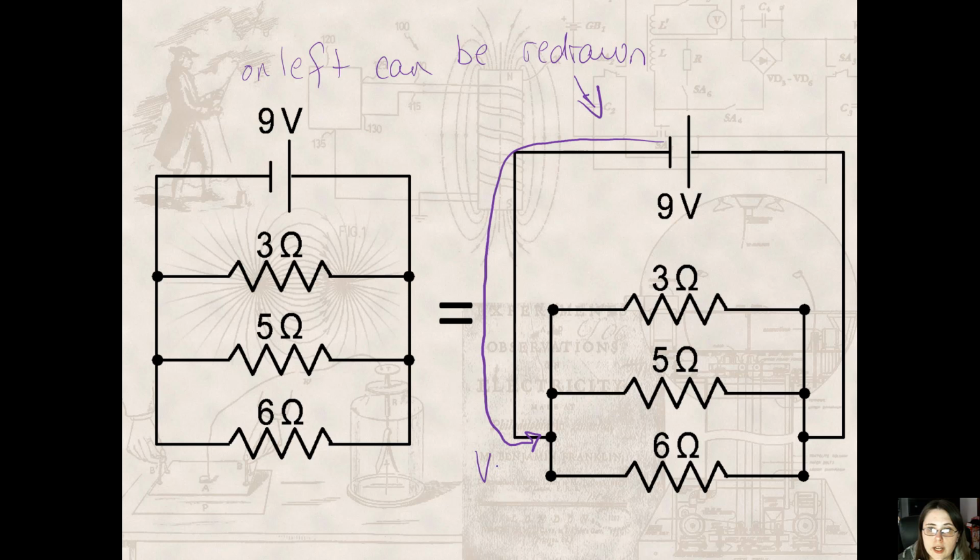So all of this 9 volts is going into each of these branches, and then it's going to come out again over here. So that's how you can visualize why the voltages are all the same across the different current paths.